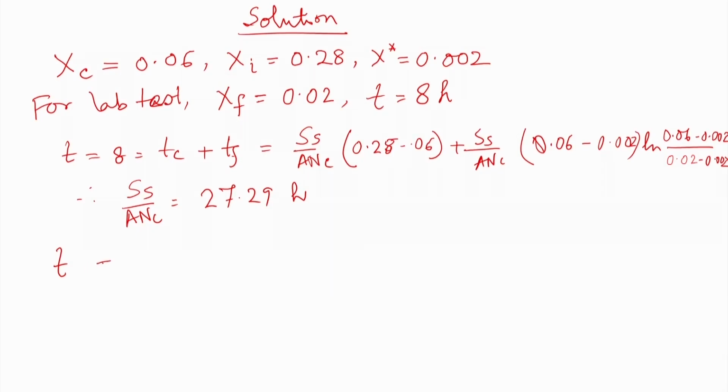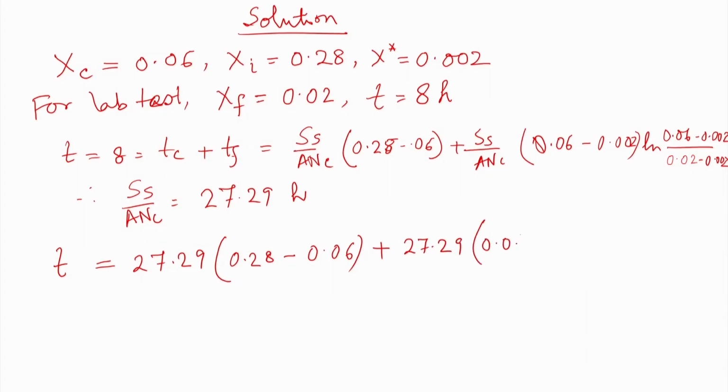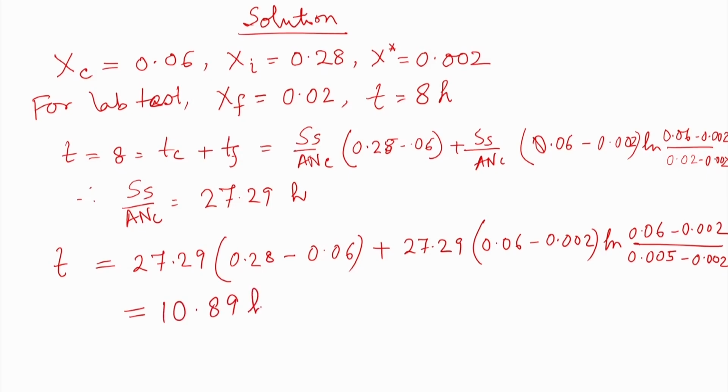The time required T is equal to S_s by A into N_c, which is 27.29, into (x_i minus x_c), that is 0.28 minus 0.06, plus S_s by A into N_c, that is 27.29, into (0.06 minus 0.002), then ln of (0.06 minus 0.002) divided by (0.005 minus 0.002). So, that comes out to be 10.89 hour.